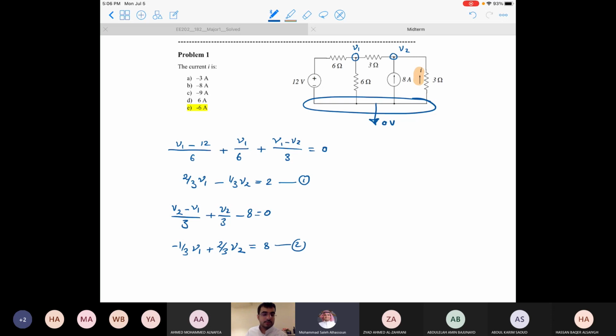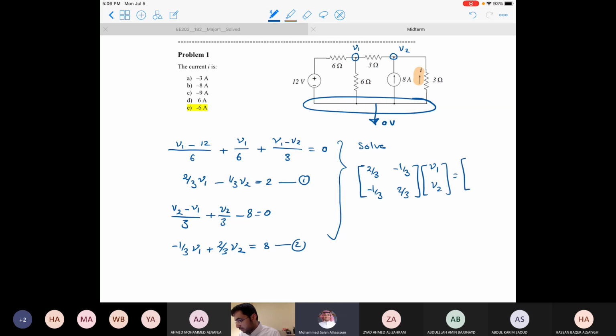So I have two equations, two unknowns, so now I can solve. Again, you can do this with your calculator: the matrix with 2/3 and minus 1/3 in the first row, minus 1/3 and 2/3 in the second, with V1, V2 equal to 2 and 8.